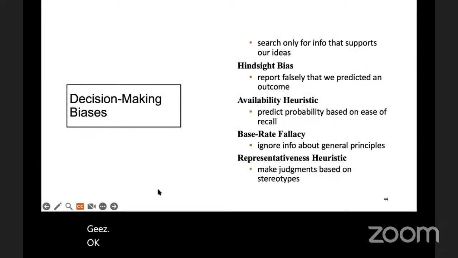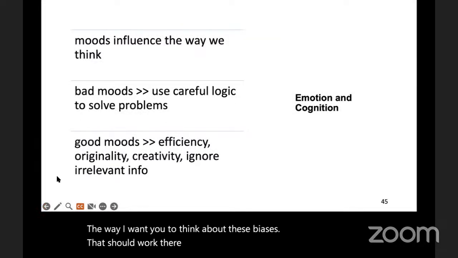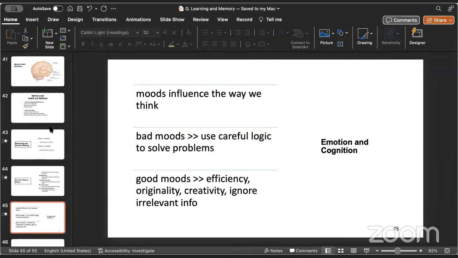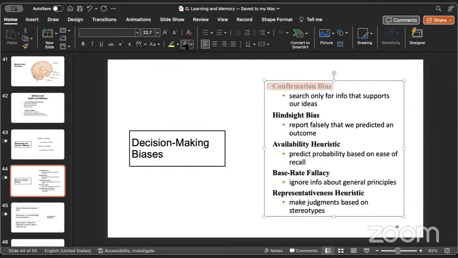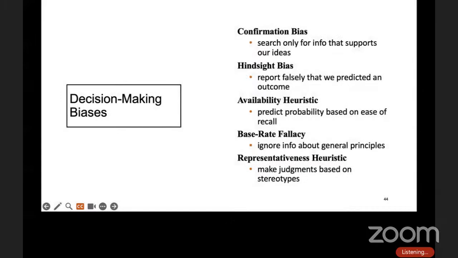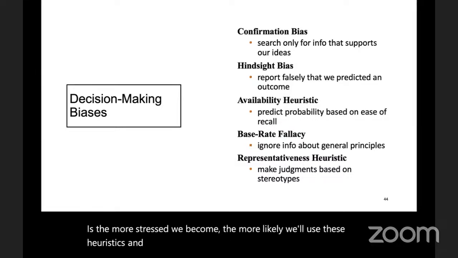Now, the way I want you to think about these biases is that the more stressed we become, the more likely we'll use these heuristics and biases. So the first one is what's called a confirmation bias.